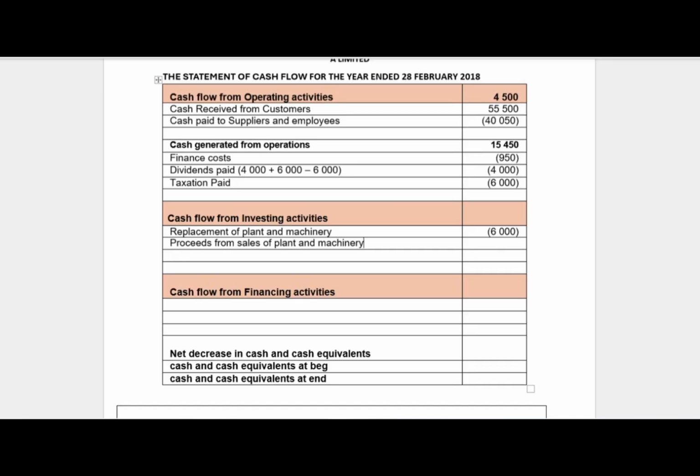All right. Then that 500, we take it from there as a disposal. And we don't have any other asset.